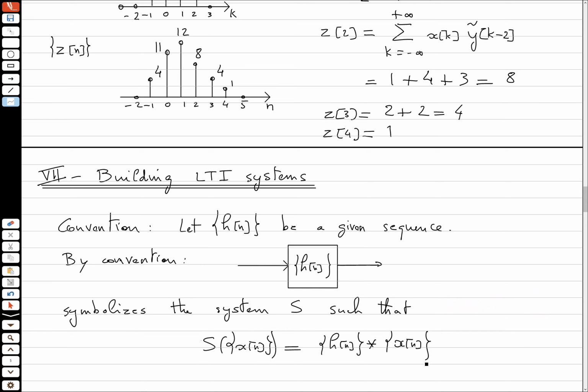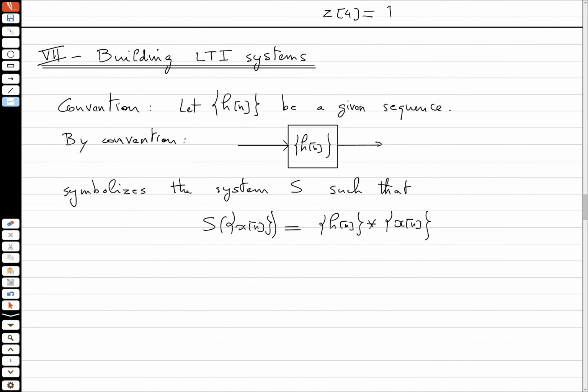I'm not talking yet about LTI systems. What I assume is that we know what is the definition of convolution. All right, we have defined it. And from one given sequence h of n, I make this system. It's a system because I'm giving the formula of the system. All right, so it's a system. Okay?